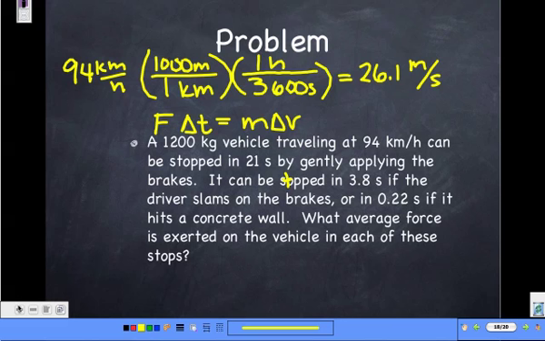So the force is equal to the mass times our change in velocity, 26.1. And in the first case, the time is 21 seconds.